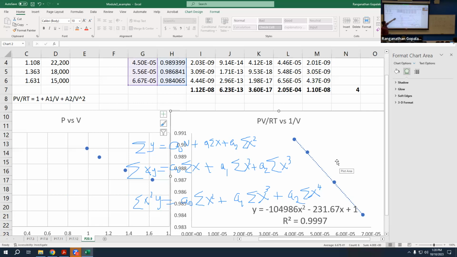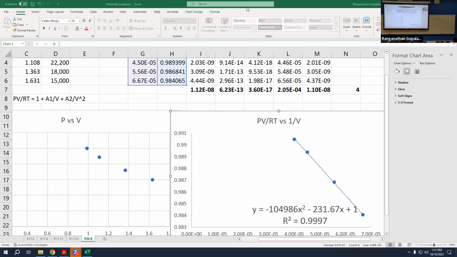Now question for you, how would you rewrite this if there are only two fit constants? Because this is written for three equations in three unknowns. I'm restarting here for your convenience. Your fit equation is y equal to 1 plus a1x plus a2 x squared. How will you set up two equations in two unknowns to solve for a1 and a2?